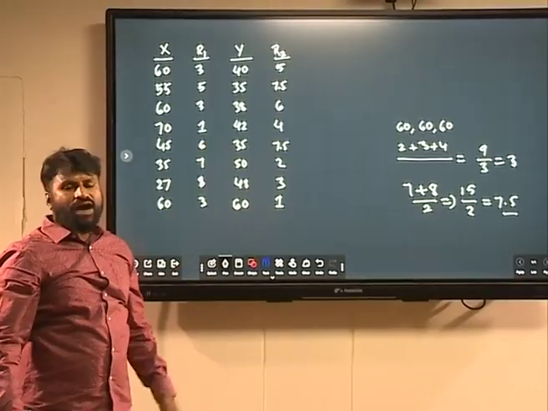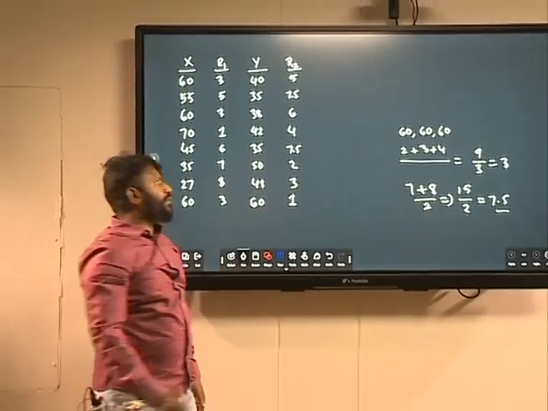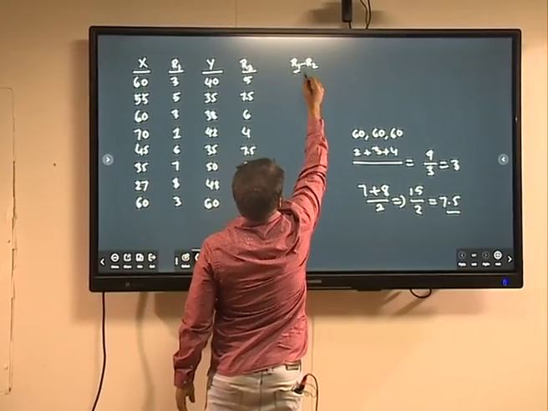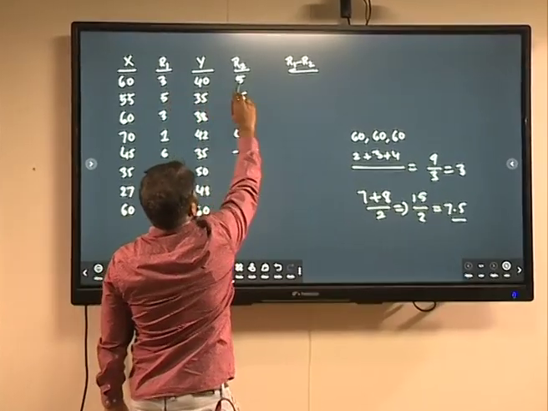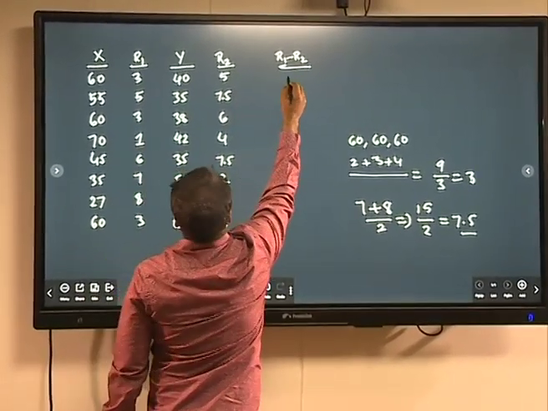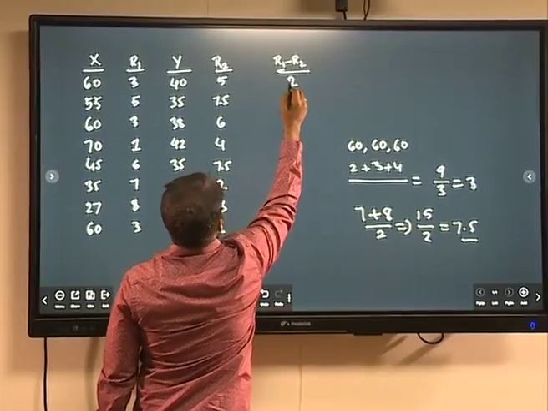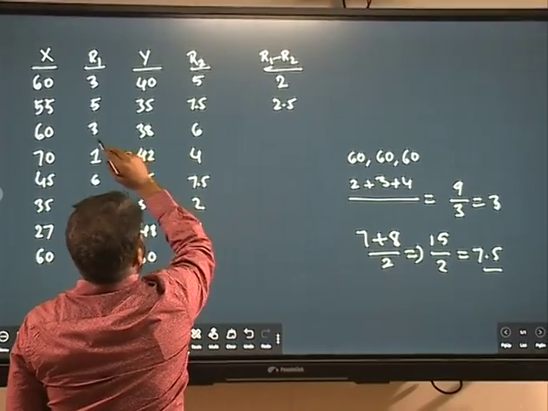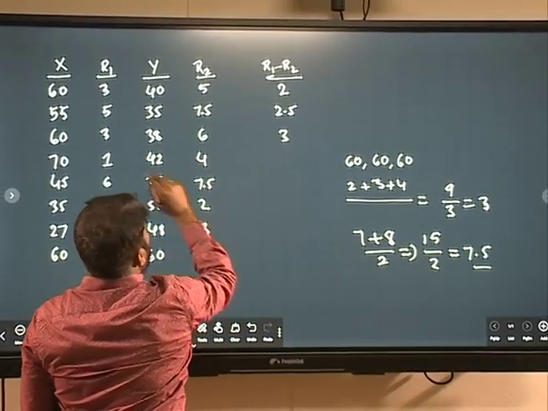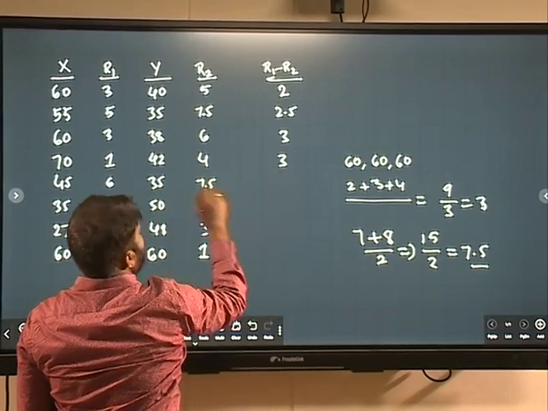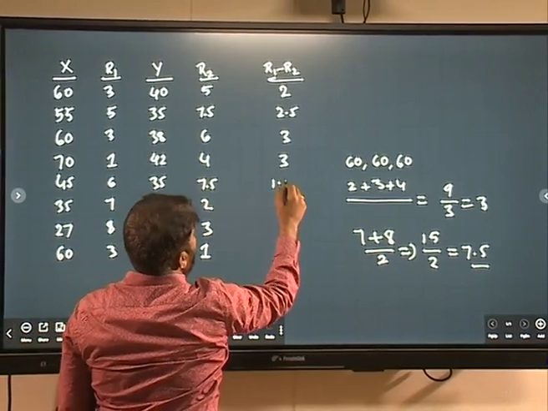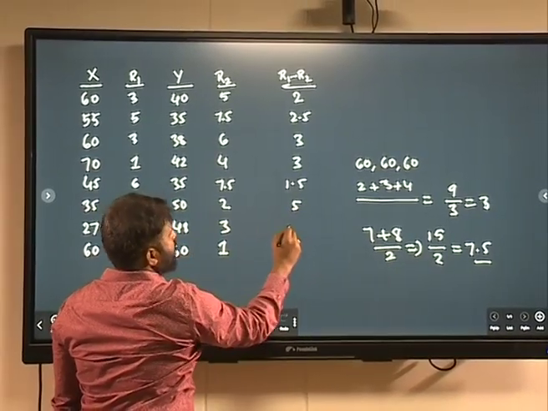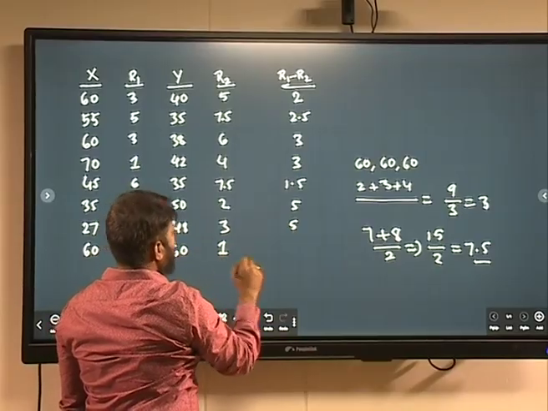So, after assigning the ranks, the procedure is the same, that is the difference of R1 minus R2. First 3 minus 5, that is 2, and 5 minus 2.5, and 3 minus 3, 1 minus 4, 4, 3, 6 minus 1.5, 7 minus 2, 5, 8 minus 5, 3 minus 1, 2.